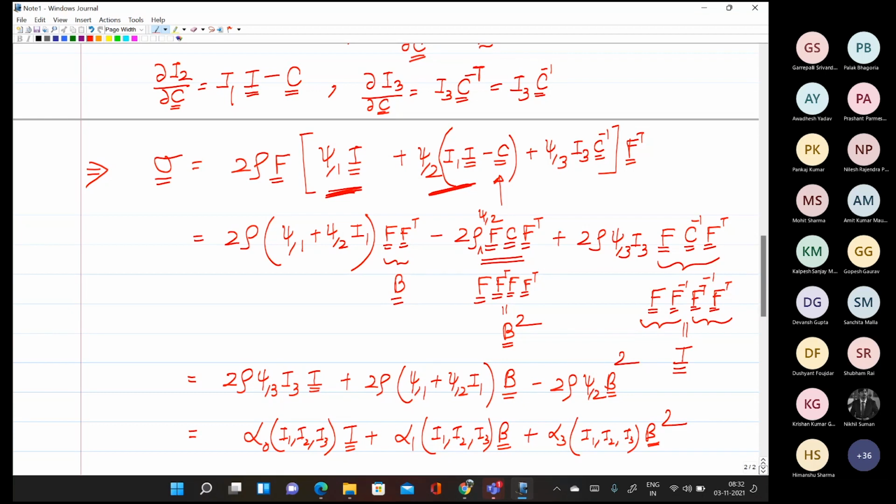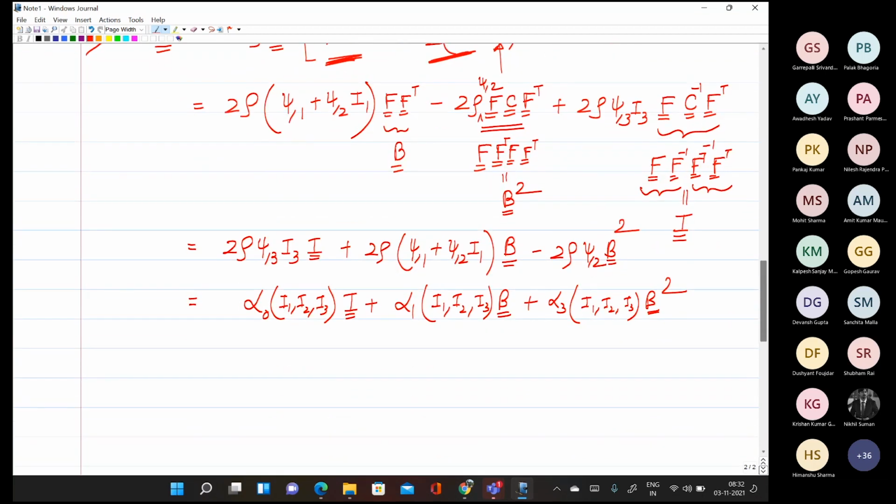I have just rewritten it. But basically we just need that function psi in terms of I1, I2, I3. If you know that, then you can find out the formula for the Cauchy stress. Okay, I think this is clear to everyone.